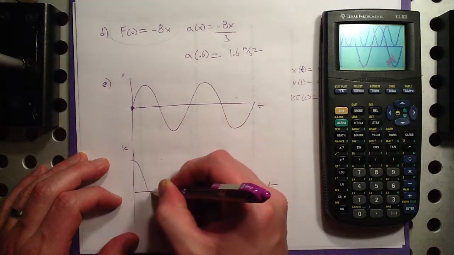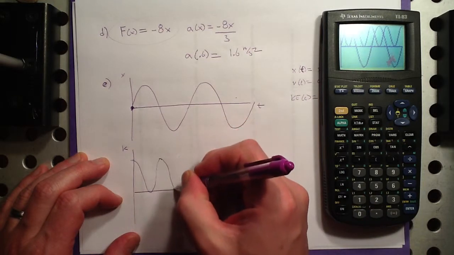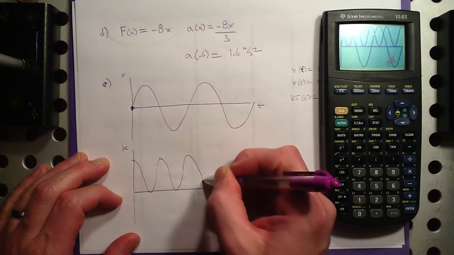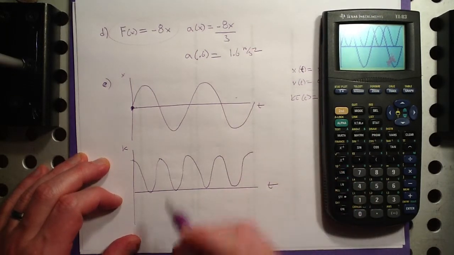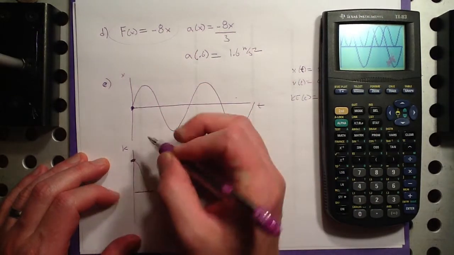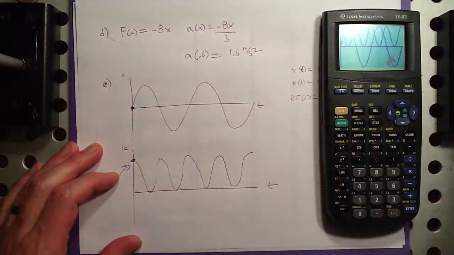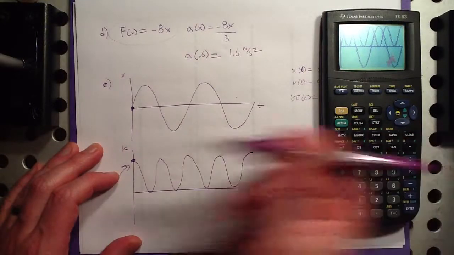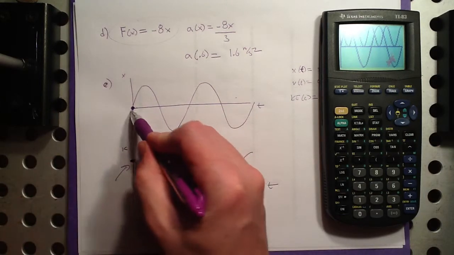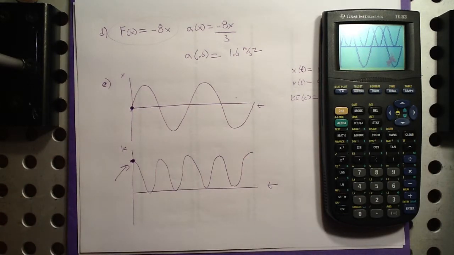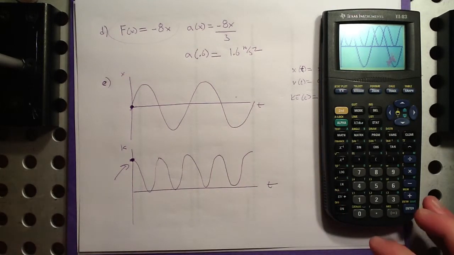Does it make sense to you, think about this for a second, that the maximums of the kinetic energy, in other words max velocity, happens where the position is 0? Well, sure, if the spring is oscillating back and forth, then its maximum velocity and therefore maximum kinetic energy will happen when it's at its equilibrium point. So that makes sense.